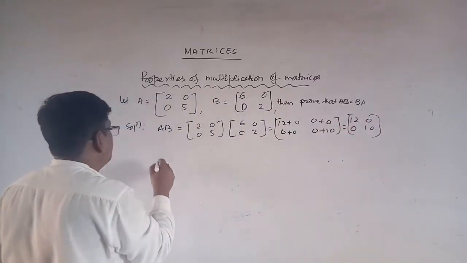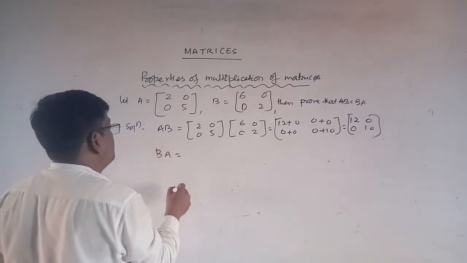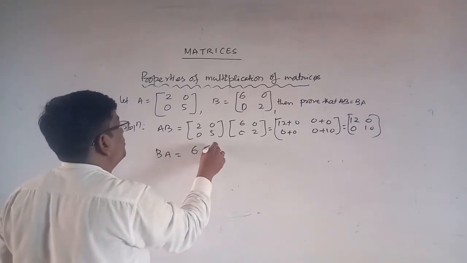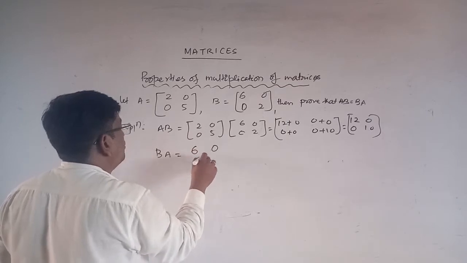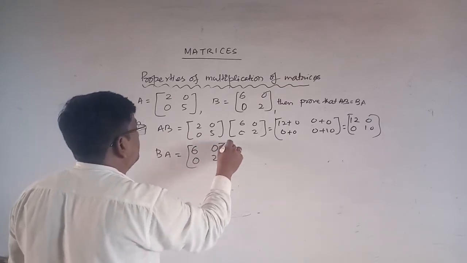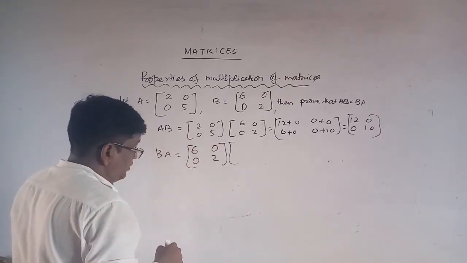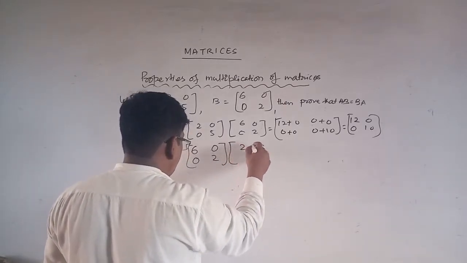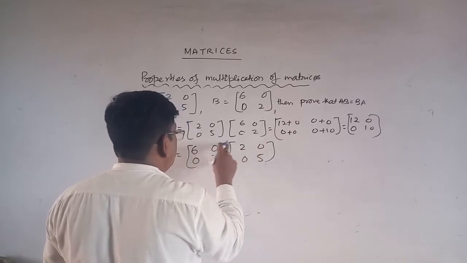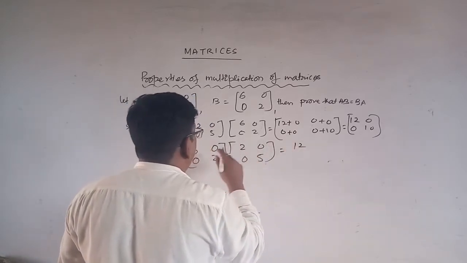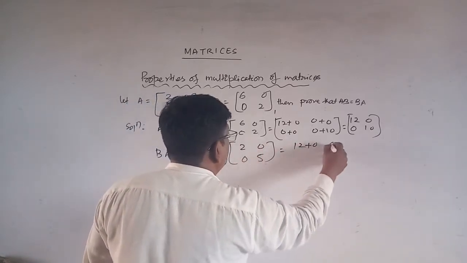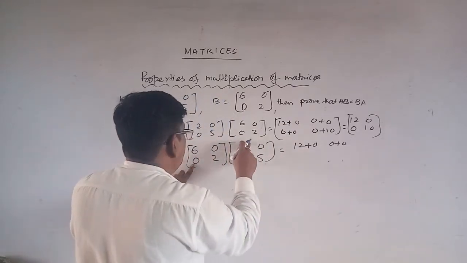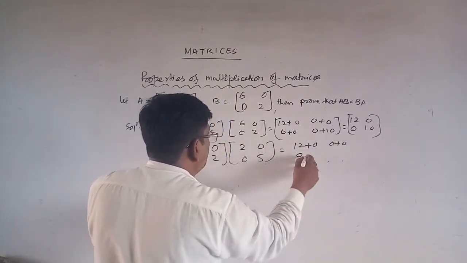Now BA is equal to, write B first, [6, 0; 0, 2] into [2, 0; 0, 5]. So 6 into 2, 12, plus 0, 0. 0 into 2, 0, 2 into 0, 0.